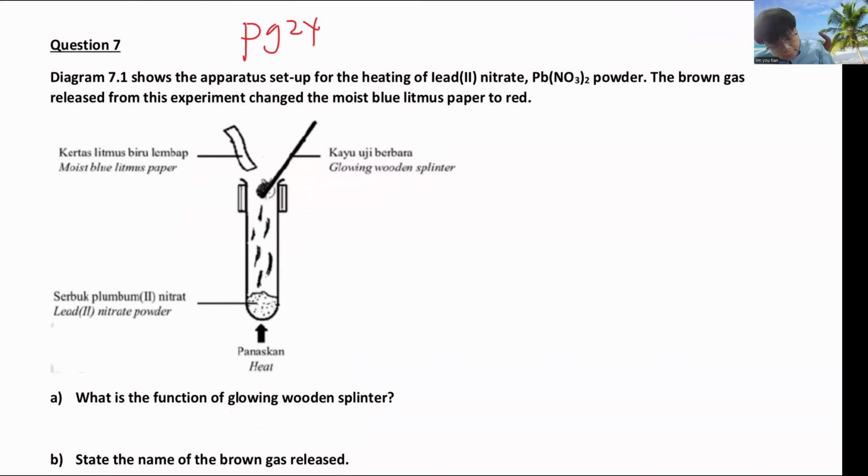Okay, now they're heating lead nitrate. Every time in SPM or your school exam, whenever they heat it, it always produces a metal oxide. It means lead nitrate when heated becomes PbO.